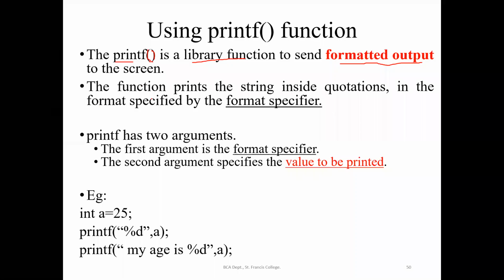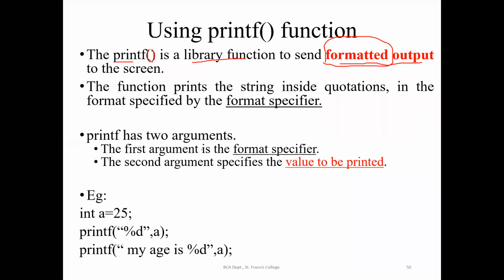Formatted output matters because, as I told you for the university exam, 5 marks are for the formatted output, right? So in order to send a formatted output onto the screen, you have to use the printf function. The function prints a string inside the quotation. If you just give printf, and within the double quotes you give St. Francis College, it will print that.